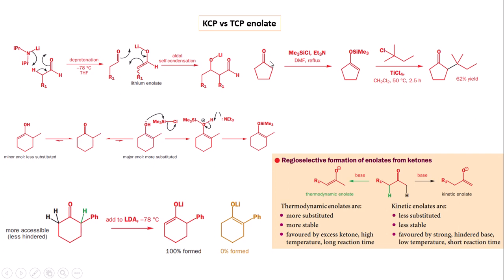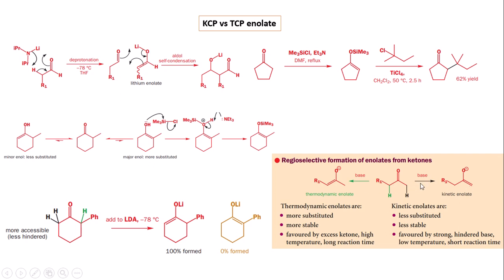Hence, in the presence of trimethylsilyl chloride, triethylamine, DMF and heat, we get a stable enolate, and this stable enolate can then be cleaved in the presence of titanium tetrachloride with an electrophilic reagent. We get a 62% yield of alkyl substituted cyclopentanone derivatives. And this is the interesting point for the KCP enolate versus the TCP enolate.